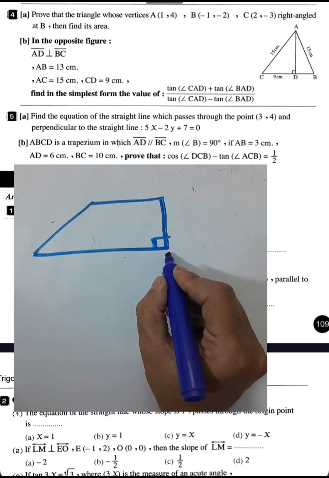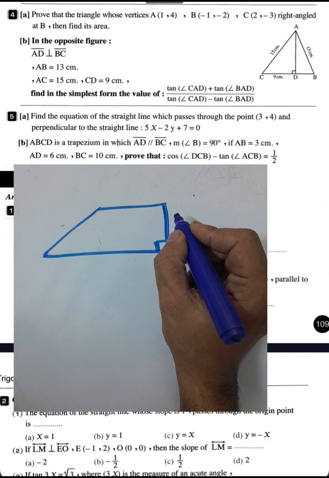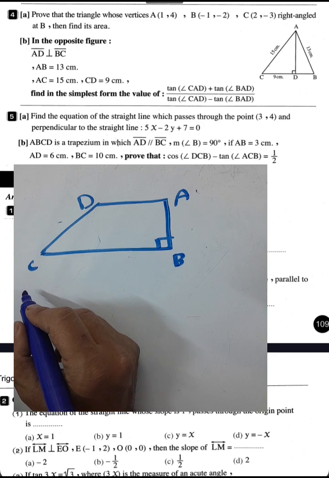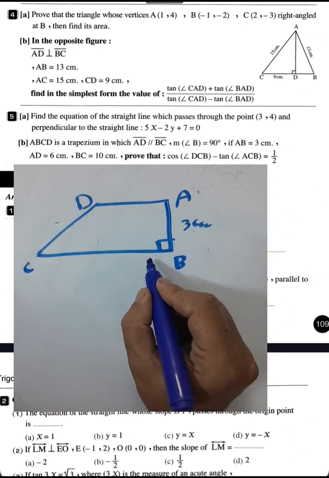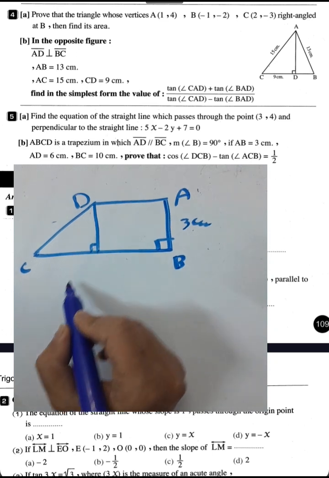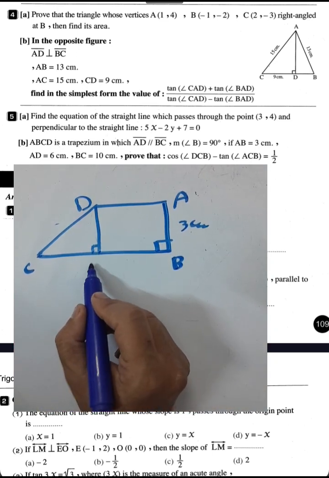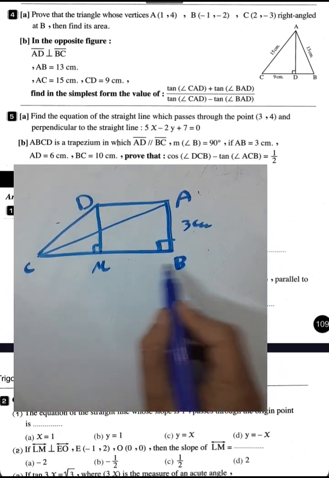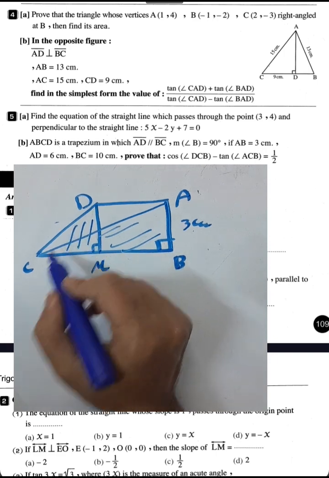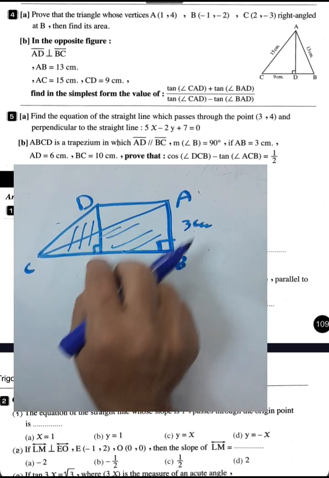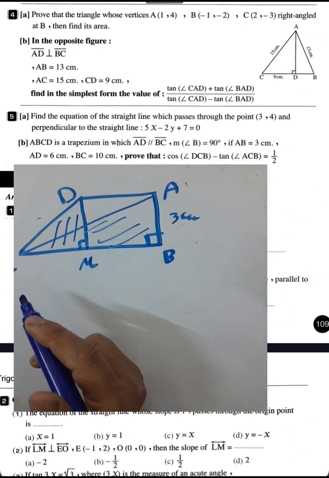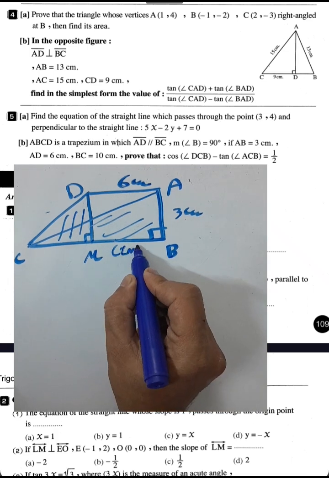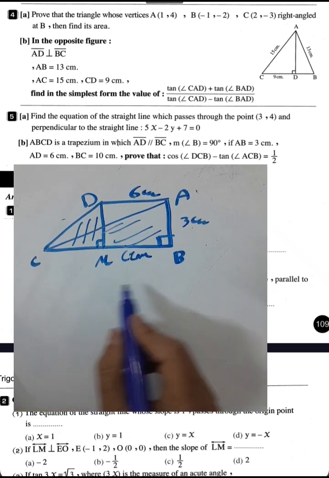Okay, and this point here P. A, B, C, D. Okay, he gave us in this example AB was 3 centimeters, and we must draw this perpendicular to the base at a point M, and we can find the length of EC from the right angle triangle here. We have two right angle triangles here, first APC and second DMC, and he gave us the length of ED was 6 centimeters. Then MB will be 6 centimeters again, and BC was 10 centimeters.